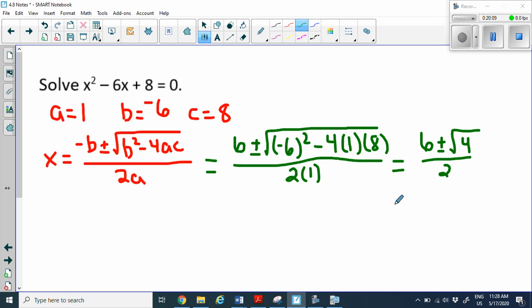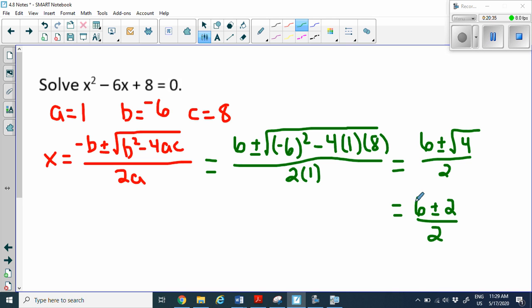So 4 is a perfect square. The square root of 4 is 2, so we have 6. And we already have the plus minus sign, so we are already indicating that there's 2 solutions, just like when we took the square root of both sides, we said we need the plus minus to indicate there's 2 solutions, which we have already done. So the square root of 4 is 2, and then over 2.